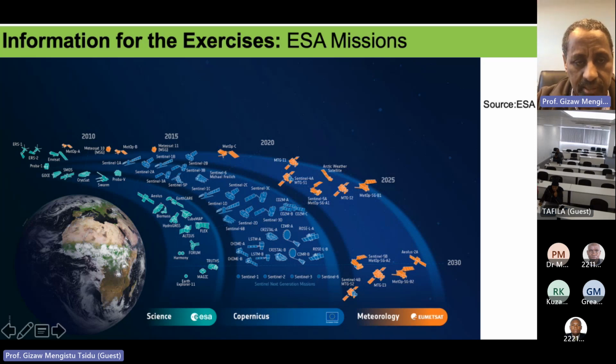Moving towards the right side of your screen, you find 2015. This shows how the satellites evolve. 2020, 2025. Actually, these are future missions which are in plan, but the launch date is expected to be around 2025.